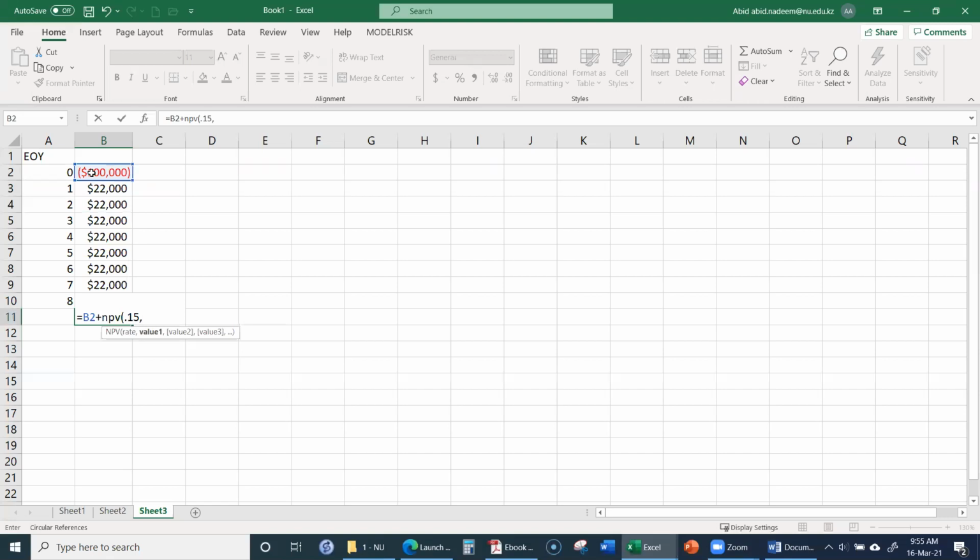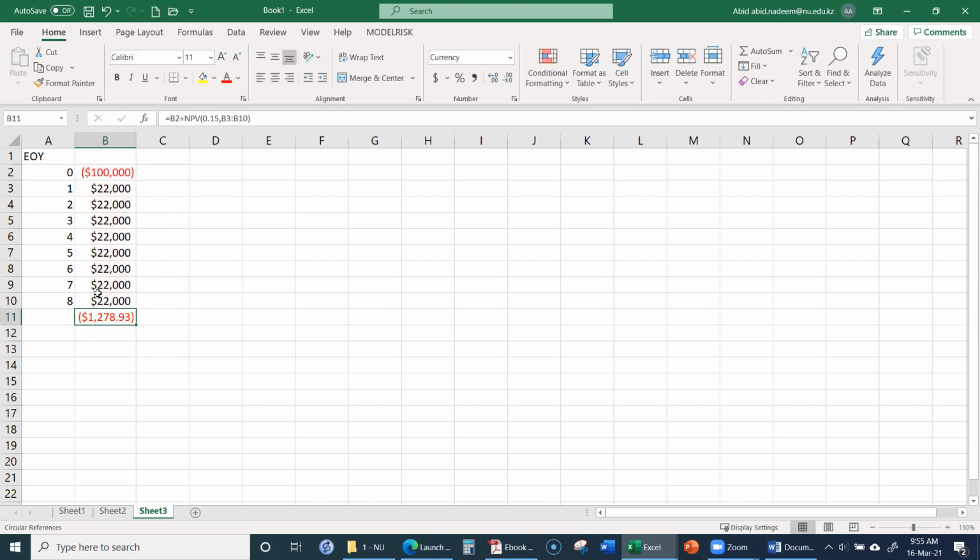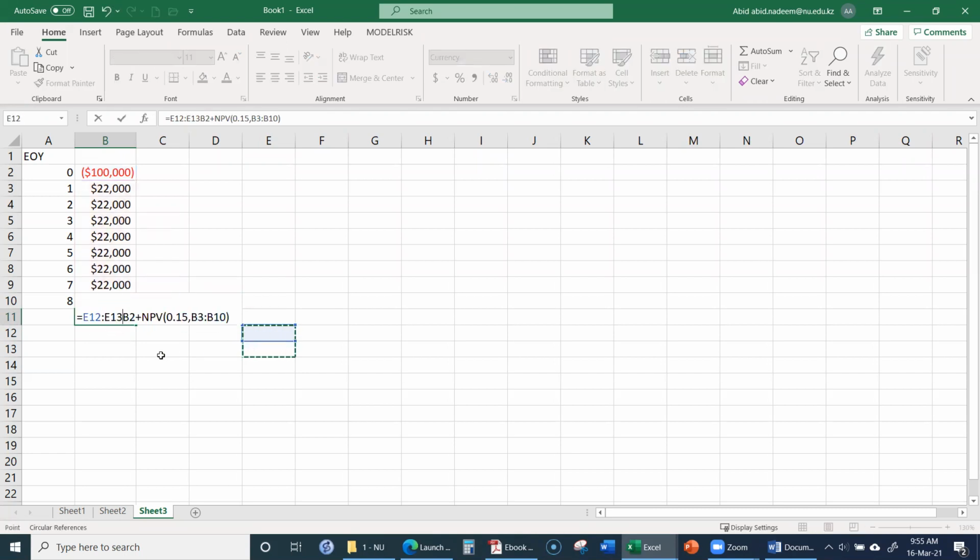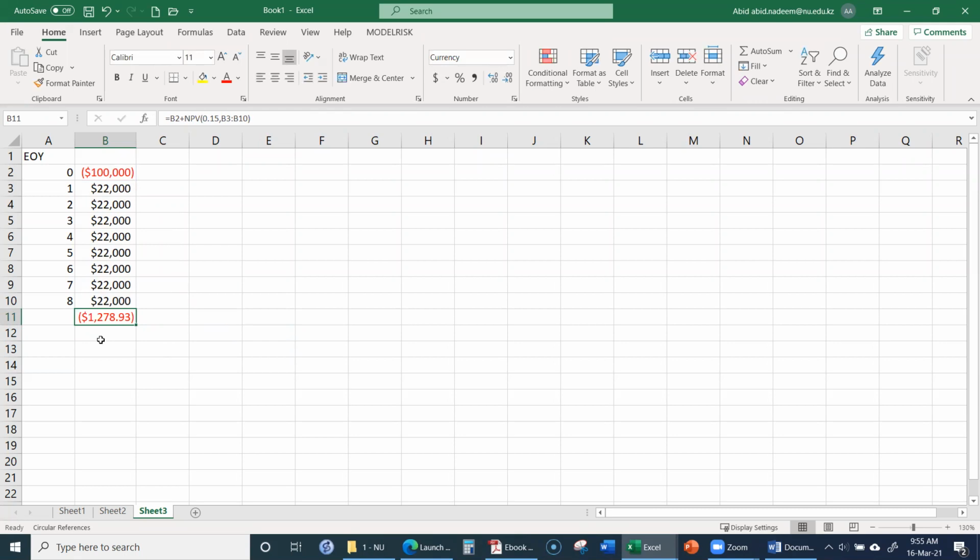And the values are here, and then close it. So the values are from B3 to B10, giving minus 1,278.93.